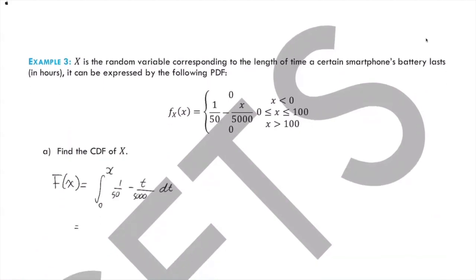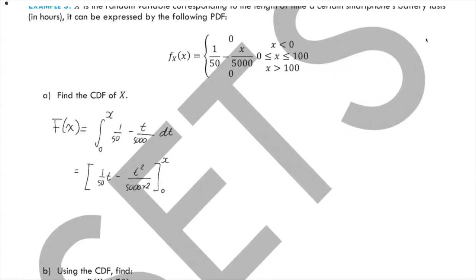Okay, let's integrate. The integral of 1 on 50 gets a t added to it, doesn't it? It's a constant. And then minus t squared over 5,000, but you're dividing by 2, so you can just put another 2 in the denominator. So now we just have an x and 0.